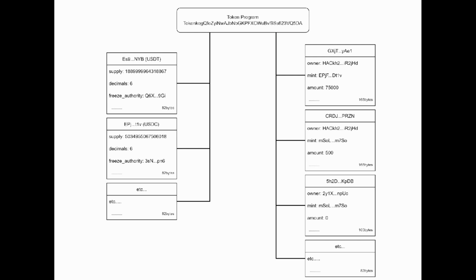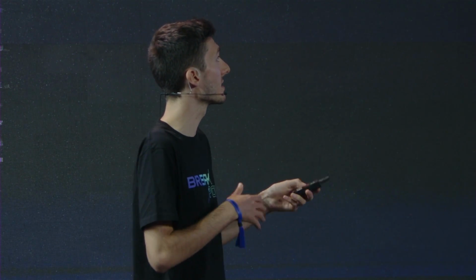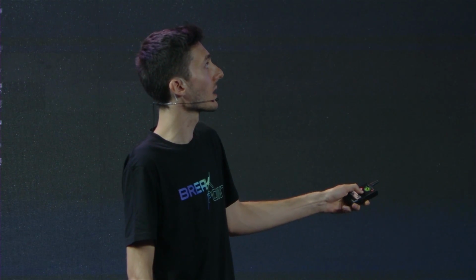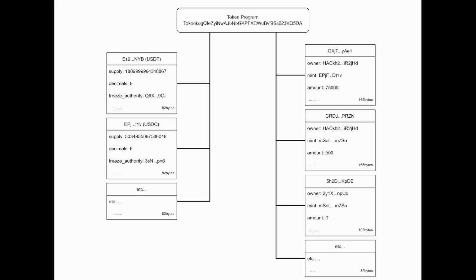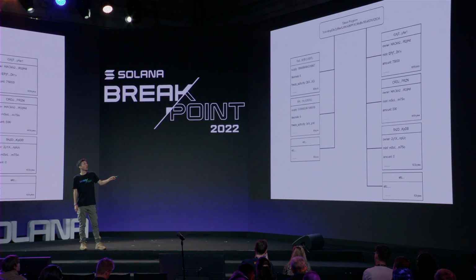And let's say you want to hold some USDC on your Solana wallet. You'll need to create a token account, which is 165 bytes. And this account data will store some data about who is the owner of this account.